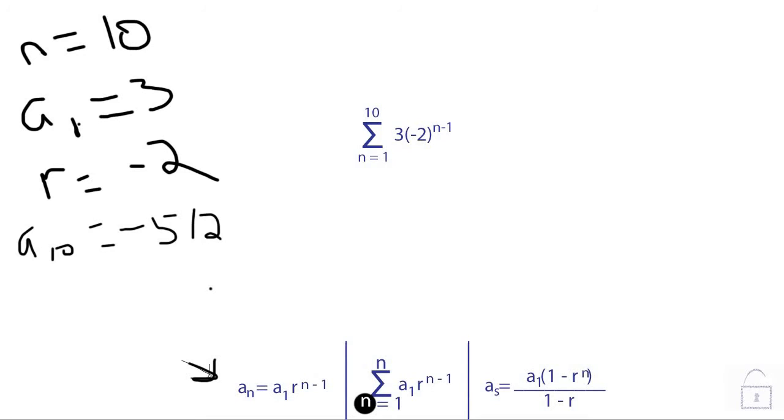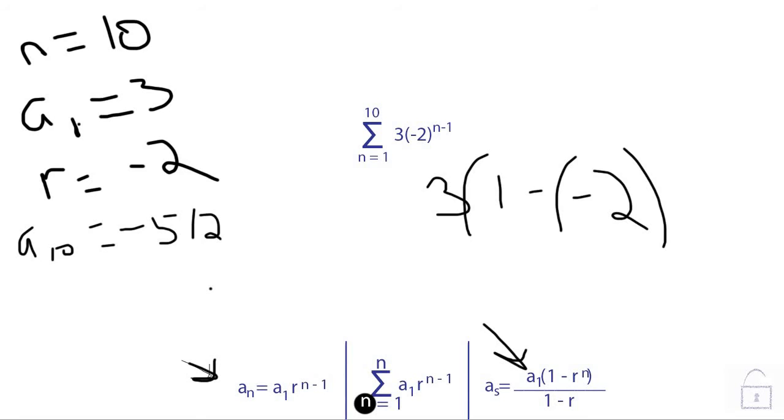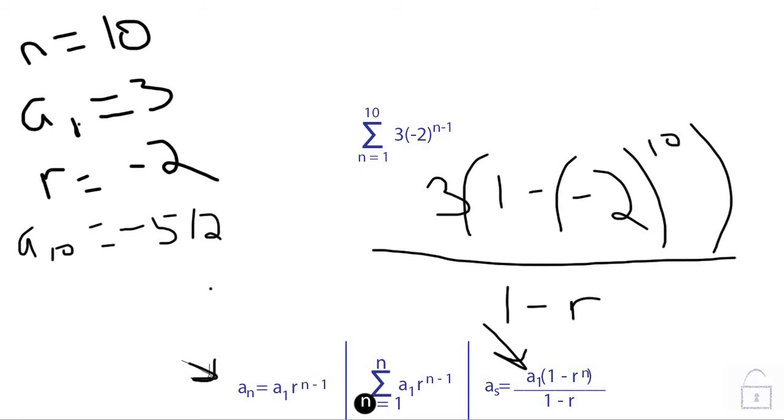Now let's find the sum. We go back to using this third equation, and our a1 value is 3 times 1 minus our r value of -2, which we'll write in parentheses for now, to the nth power. Our n is equal to 10, so to the 10th power, over 1 minus r.